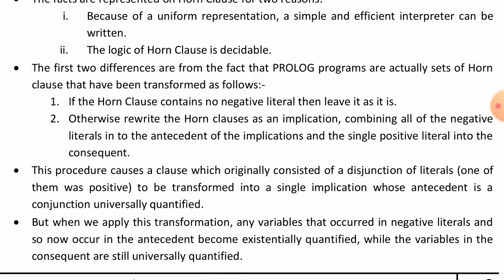In the clause process, we find the positive literal, and if one literal is positive, then we can remove the negative literals and transform it into a single implication, which is a universally quantified conjunction.